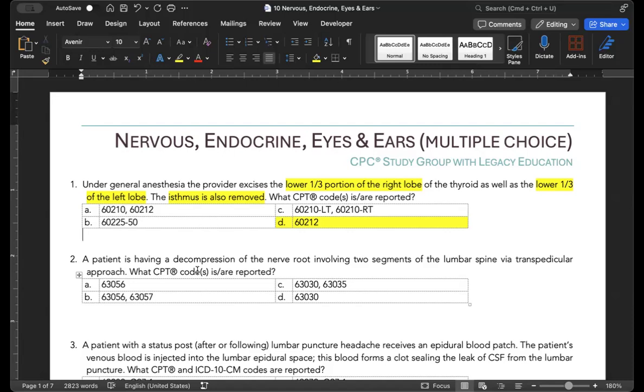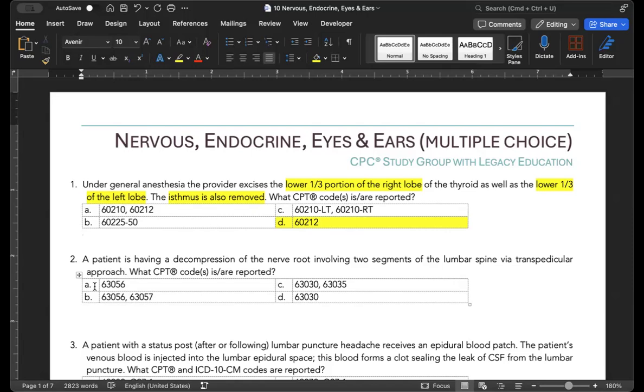Is there a laminotomy being done? If we're not sure, we can go look at 63056 and see which one might better describe it.